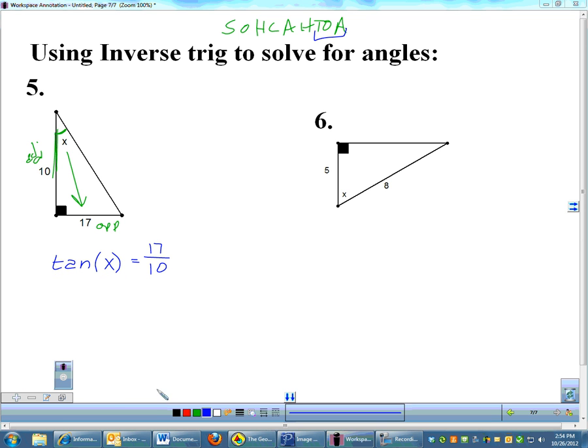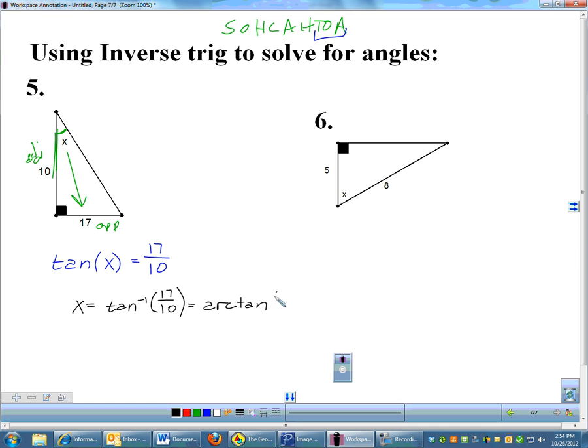So here, if I want to undo tangent, what we actually do is something called inverse tangent, where I will say x is equal to the inverse tangent of 17 over 10. And that's how you solve for x. You don't divide by tangent. You do the inverse tangent of the two side lengths. That is also sometimes referred to as the arc tangent. It's the same thing. Arc tangent, inverse tangent.